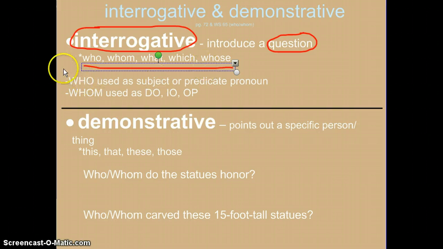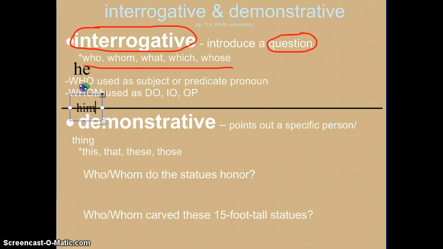So they introduce questions, and really there isn't that much of an issue with interrogative pronouns other than the two, who and whom. We had a strategy that whenever we are unsure of whether to use who or whom in a sentence, we would substitute the word he for who and him for whom.